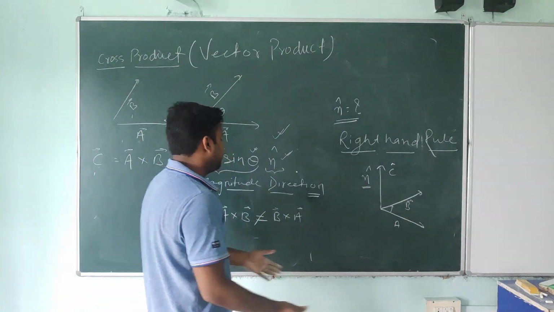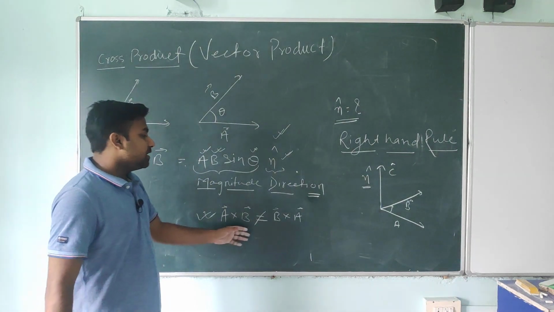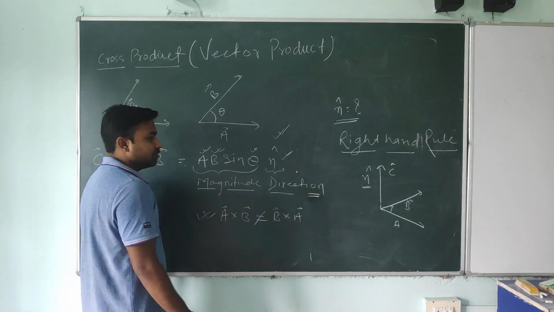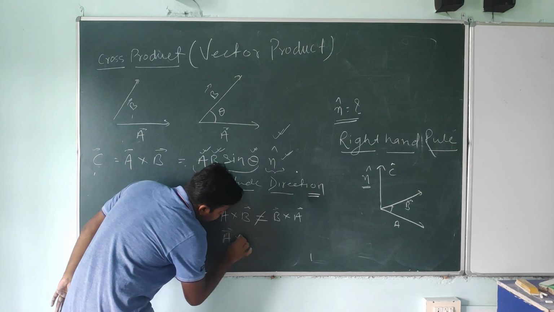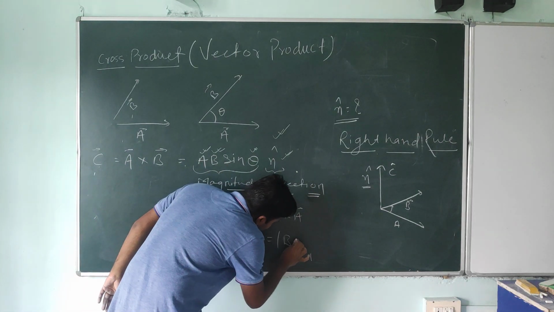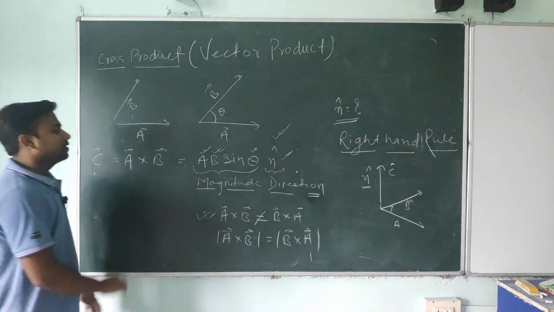Okay, A cross B is not equal to B cross A because the direction is opposite. Okay students, the magnitude is the same. So if you want to write, you can write the magnitude of A cross B is equal to the magnitude of B cross A. Why? AB sin theta.